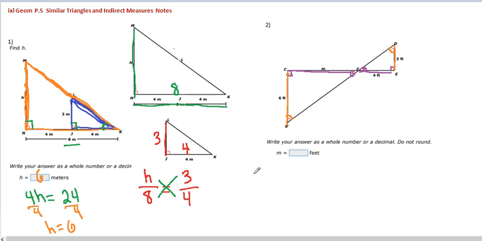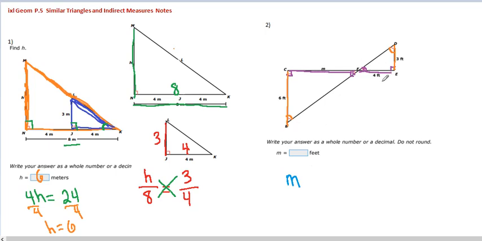For IXL, they're not too tricky with these problems. I could have guessed that those two were the right legs to line up. So I'm going to go purple to purple.